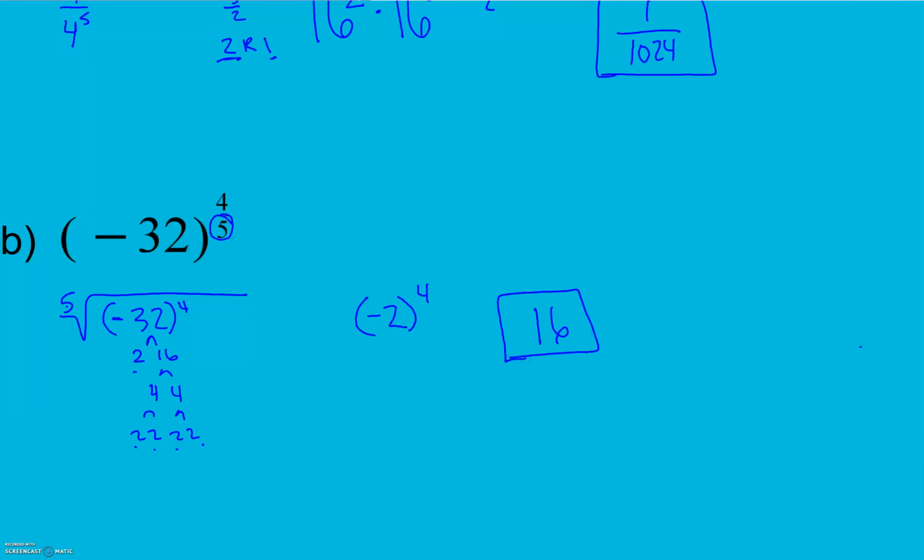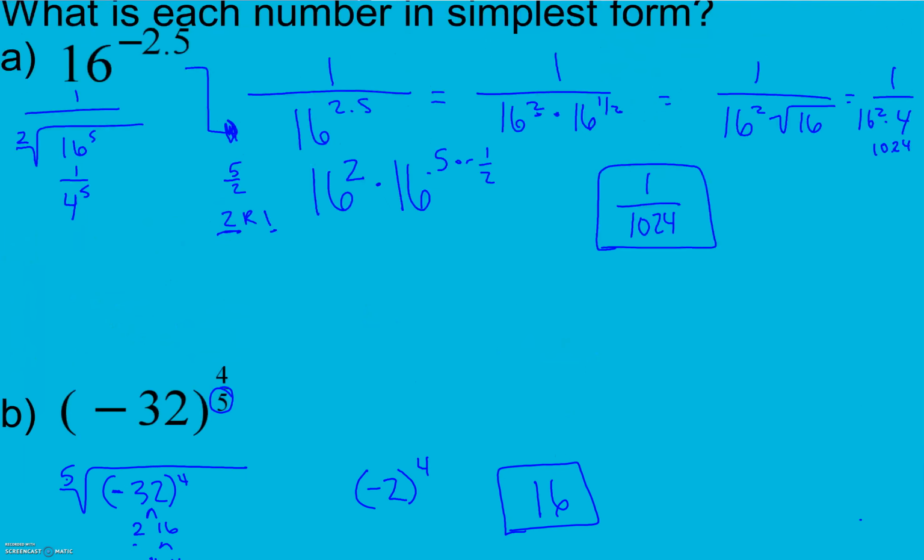So again here, I could have taken negative 32 and taken it to the 4th power first, but that's going to give me a really big number that I'm going to have to try and break down. So if I can break it down to smaller pieces to start with, that's going to be helpful. Just like we did up here on this second part, where I took the square root of 16 first and got 4, and then took it to the 5th power to get my 1 over 1024.